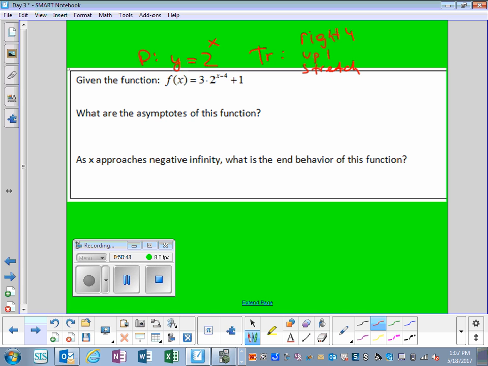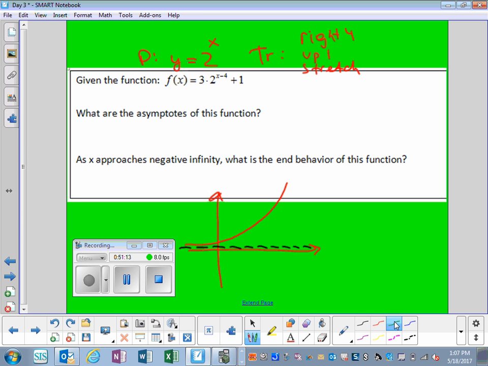So now let's think about it. If my parent function looks like this, with the horizontal asymptote at y equals 0, and I'm applying these transformations, which transformations will affect my horizontal asymptote? Only up 1. It doesn't matter if I move the graph right or left, I'm still at the same height.